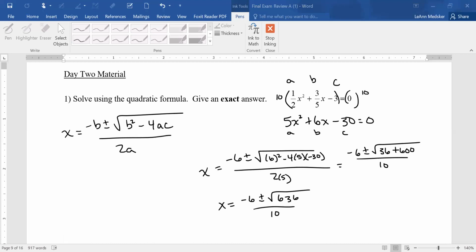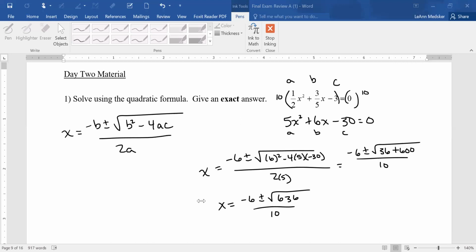Now, obviously, 636 definitely has a possibility for perfect squares possibly being underneath it. If we try 36, that doesn't work because it doesn't go evenly. What about 4? 4 and 159. Let's try 16 just to make sure. 16 does not work. 159, I believe, is a prime number, but I'm just going to double check that.